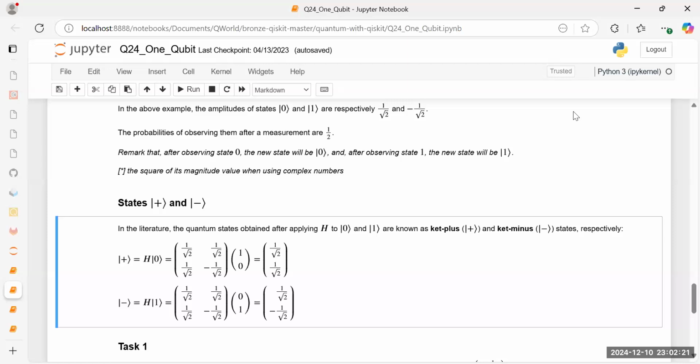Okay, so I think I have a question. So we have a quantum state in a single qubit.